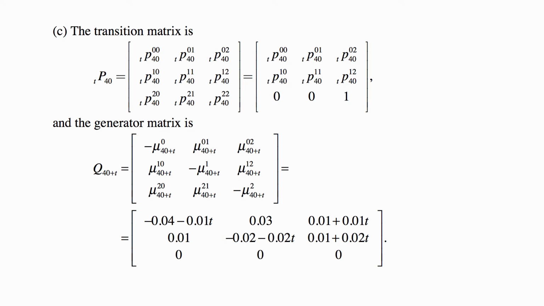Because in the first row, the first entry is minus mu 0, which is the same as minus the sum of mu 01 plus mu 02, the sum of the terms in the first row is 0, and it's true for every row. So this matrix is called the generator matrix, and we can plug in the values from the problem and get its form as you see here.